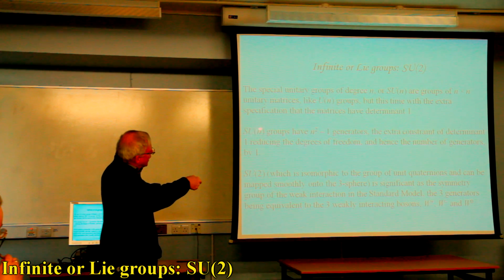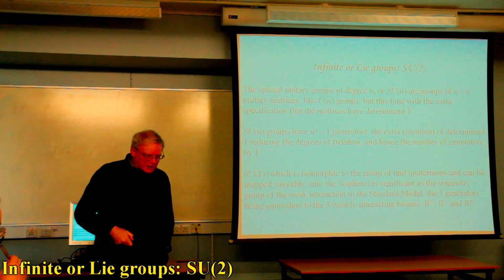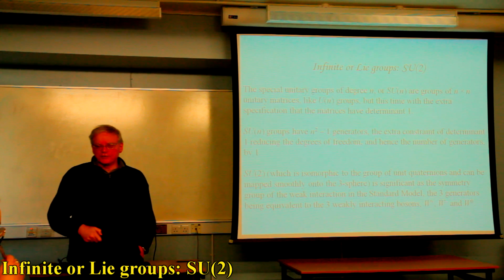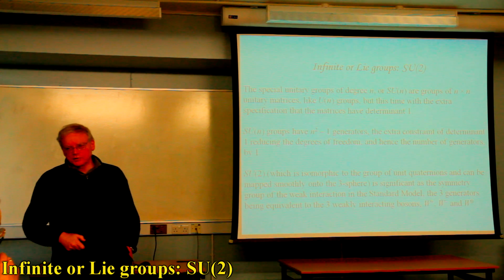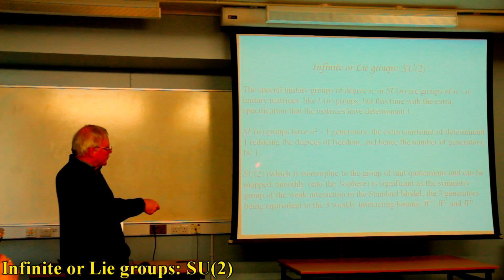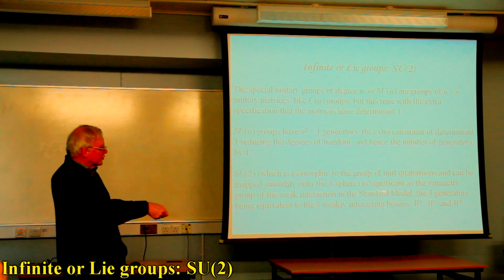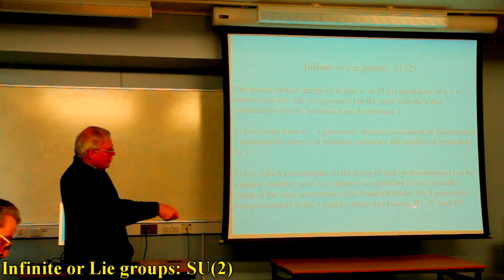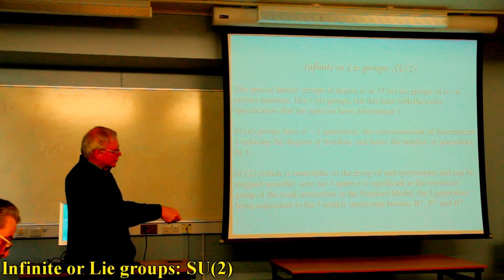So if you've got SUN and n is 2, then the matrices are 2 by 2. If it's SU3, then the matrices are 3 by 3. But that's standard physics. In standard physics, SU2 is the group for the weak interaction. The three generators are called W plus, W minus, and W0.